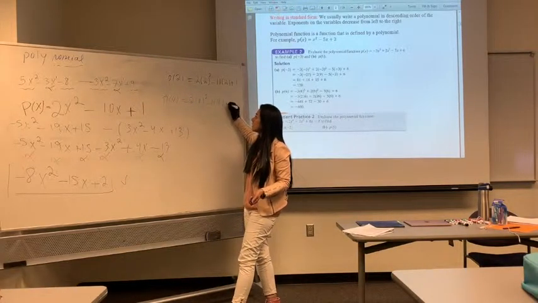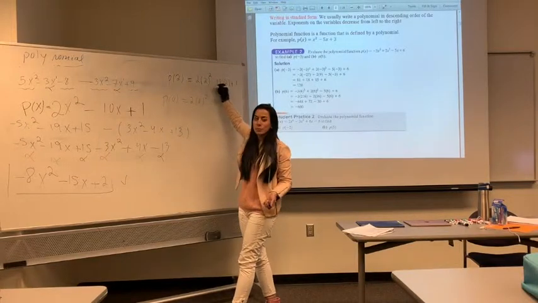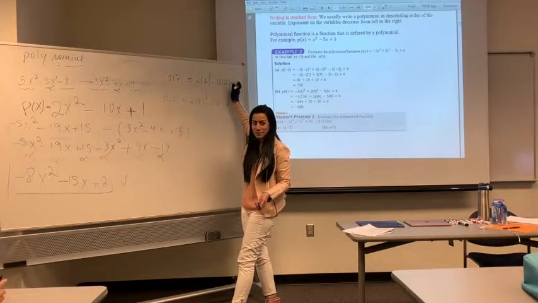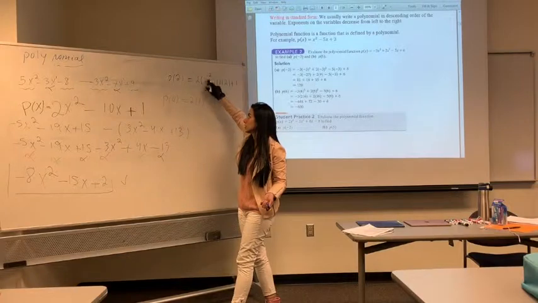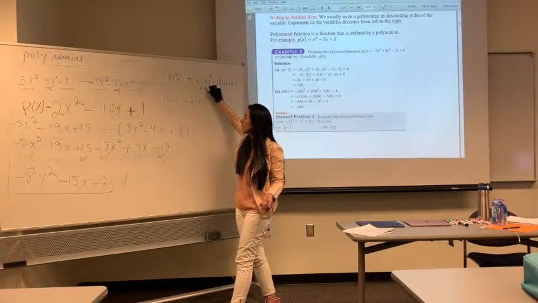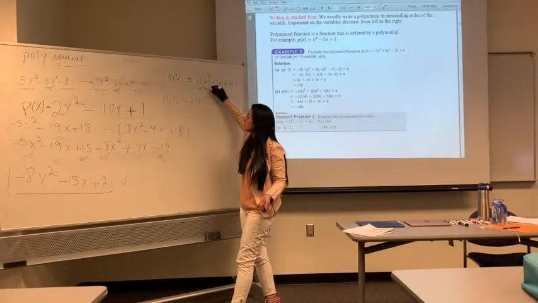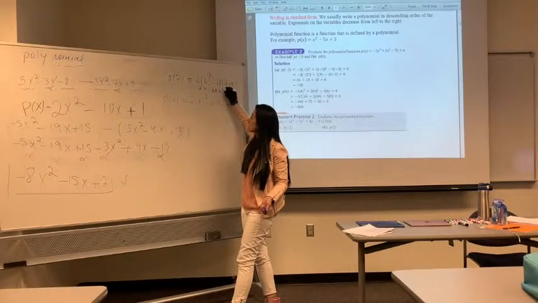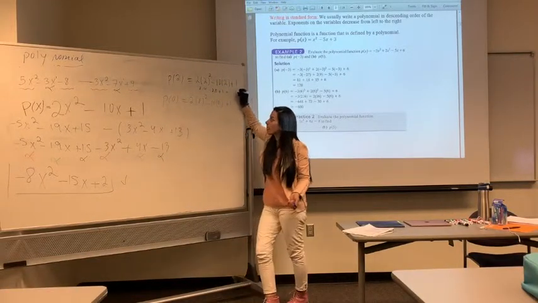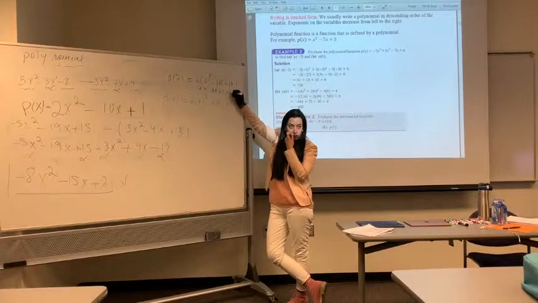You're still not done with this one. You should calculate all of these and evaluate. So it will be 2 multiply 4 plus minus 20 plus 1, which is 5, right?